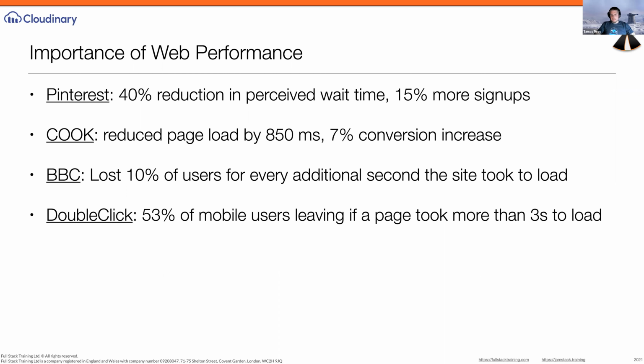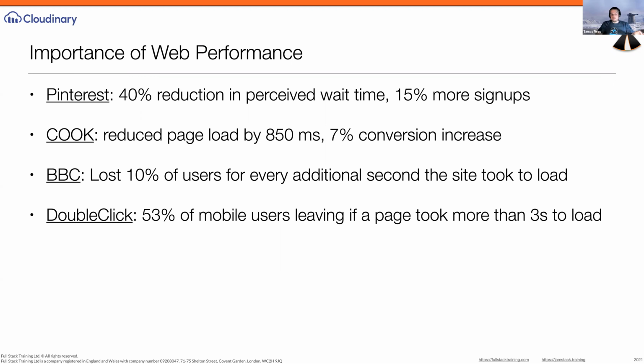So for example, Pinterest managed to reduce its perceived wait time on their pages by 40%, which directly allowed them to have more signups. So basically there's a correlation between perceived wait time and how many people signed up to their site. Cook managed to reduce page load by 850 milliseconds, and that yielded a 7% conversion increase.